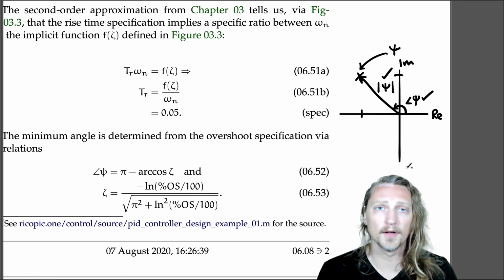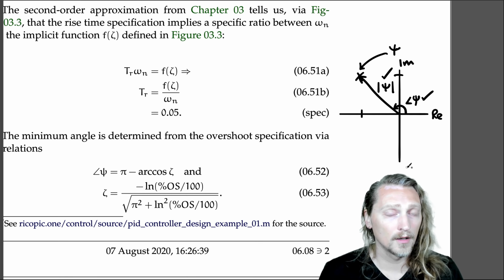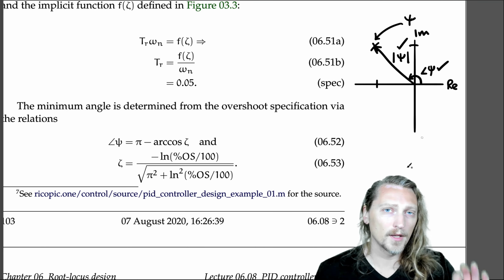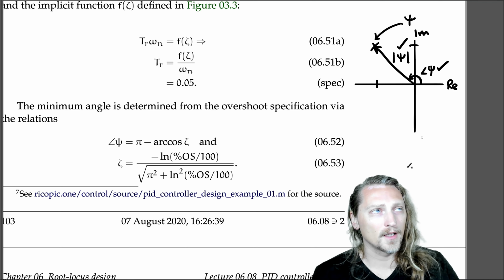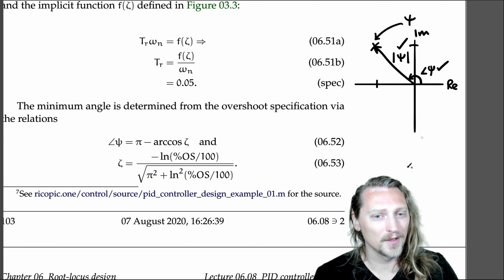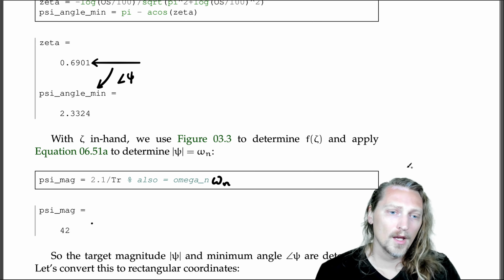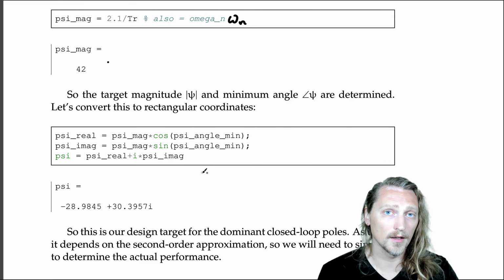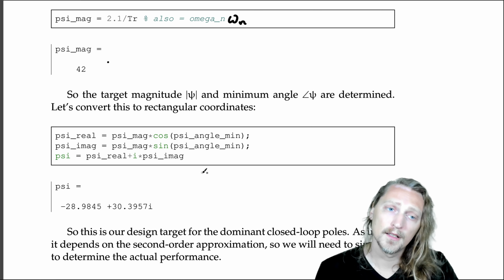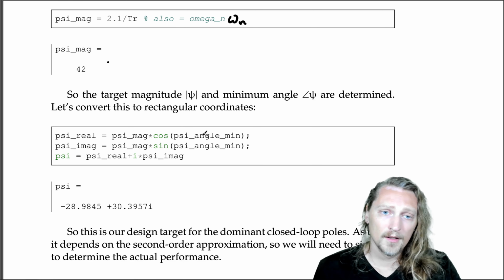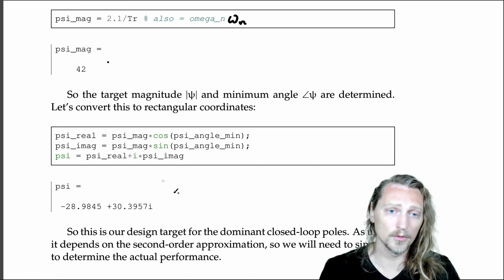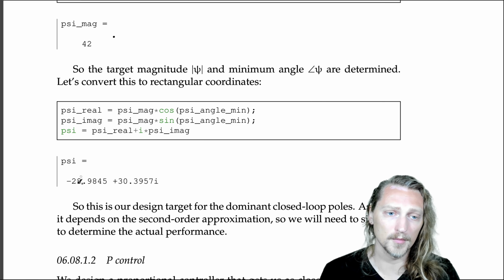And therefore, we've fully specified what our design point is, what the location of our desired second order approximation closed loop poles should be, the dominant closed loop poles. So we can convert that into a rectangularly represented number. So the real part, just a simple trigonometric relationship between the magnitude and phase and the real and imaginary parts. So the usual relationships are computed there.